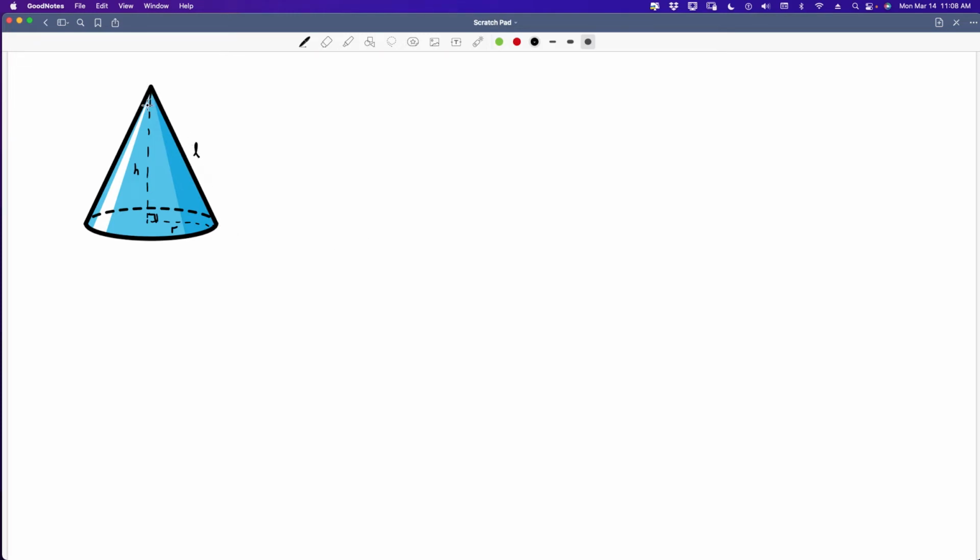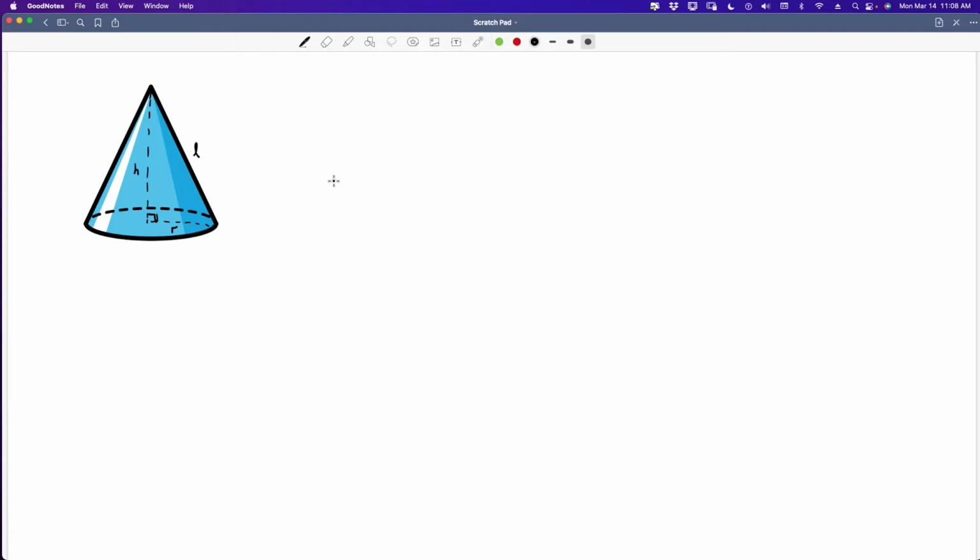So that is directly related to the height and the radius of your base and your cone. So the L in the formula is the slant height of the cone, and the slant height is just the hypotenuse of the right triangle that we've already discussed. So we could easily find this measurement by using Pythagorean's theorem.